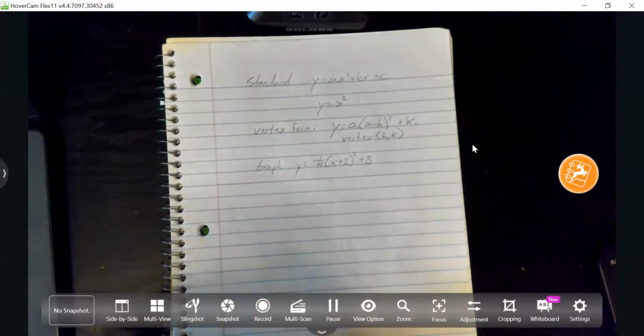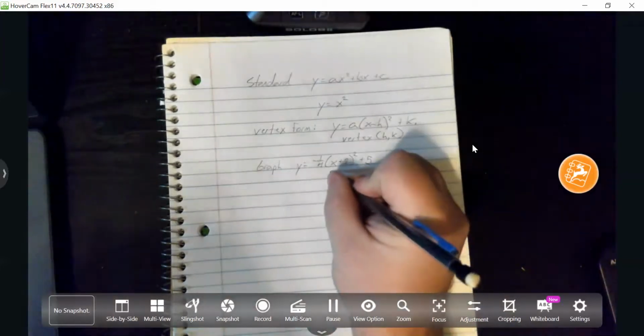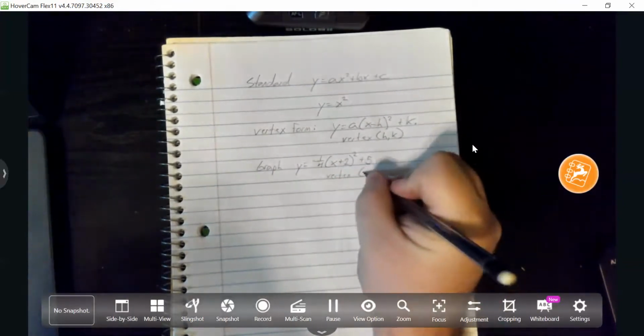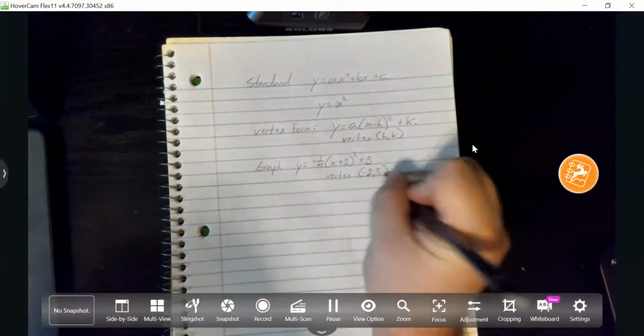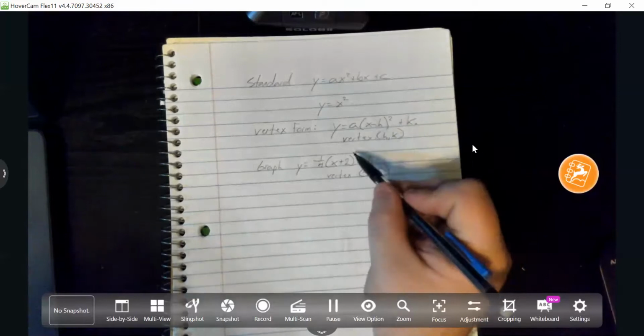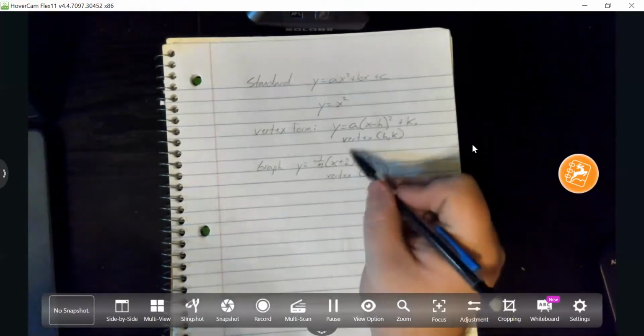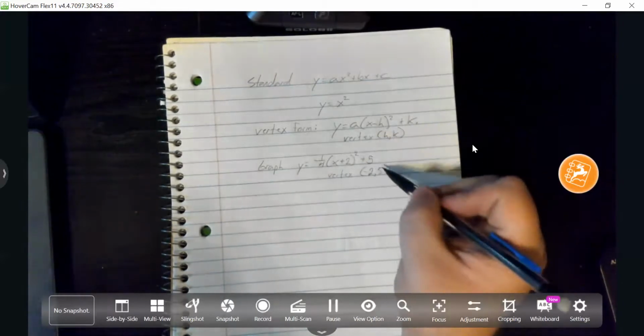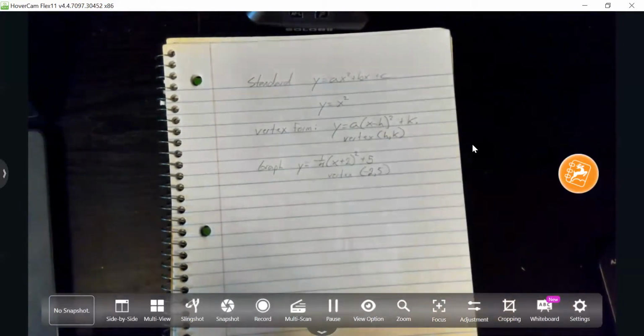As I look at this, I can identify a couple of things. First of all, my vertex is (h, k), so my vertex is (negative 2, 5). Notice in the original function, it's x minus a value, so if it's a plus, that means our h has to be negative. It's always the opposite sign. Our k is just whatever's there, so I know where the vertex is.